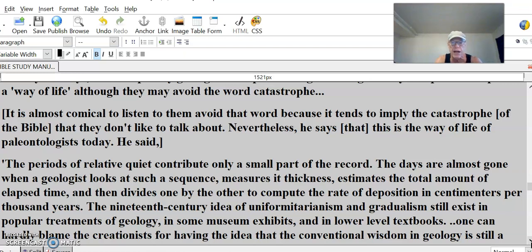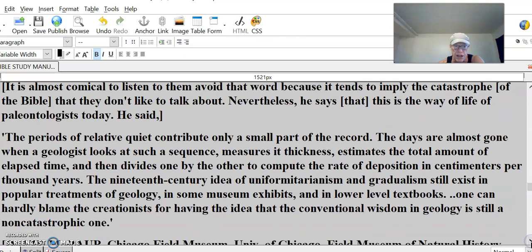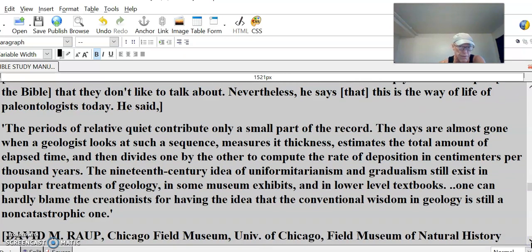The 19th century idea of uniformitarianism and gradualism still exists in popular treatments of geology, in some museum exhibits, and in lower-level textbooks. One can hardly blame the creationists for having the idea that the conventional wisdom in geology is still a non-catastrophic one.